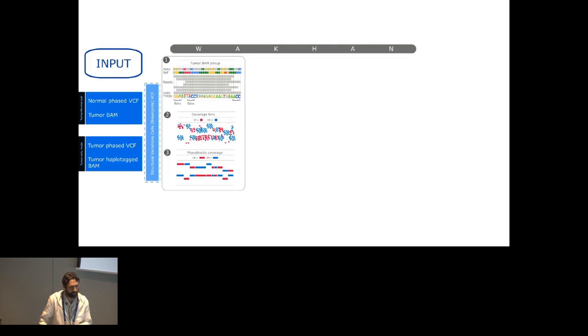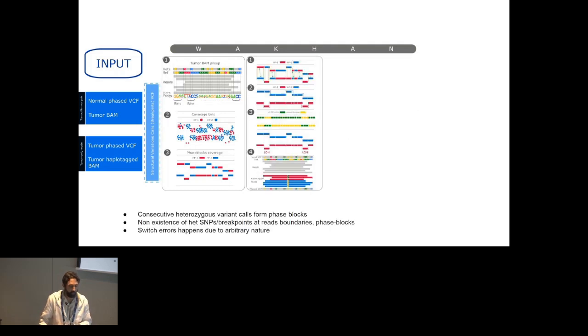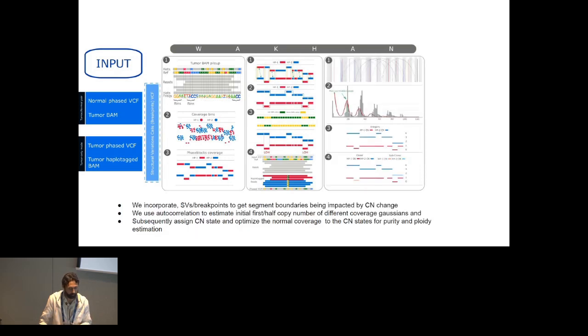At the end, in step 3, you can see we get phase blocks, and there are switch errors in those phase blocks. As I mentioned previously, we correct these phase blocks, and you can see we get more accurate haplotype coverages.